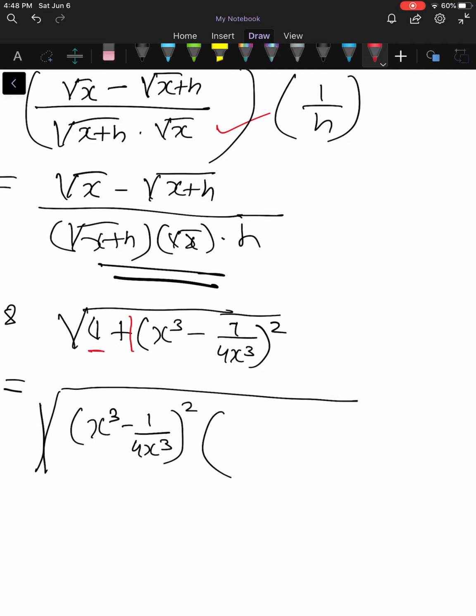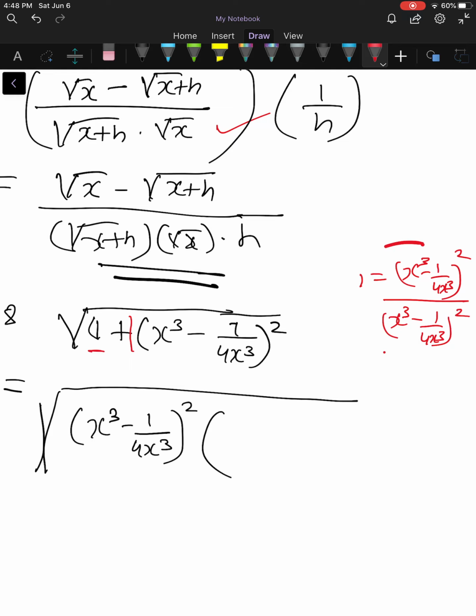So when there is nothing like (x³ - 1/(4x³))² here. But what if 1 can be written as (x³ - 1/(4x³))² divided by (x³ - 1/(4x³))², right?